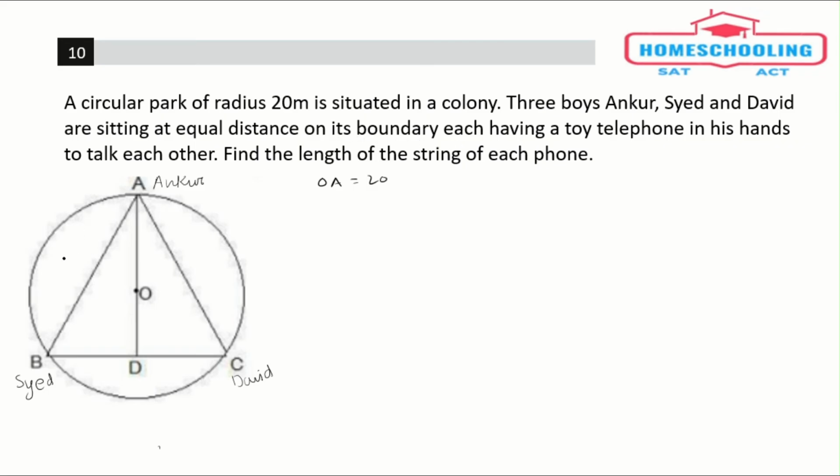So let each side be equal to x, because in the question it is given they are sitting at an equal distance. So AB is x, AC is x, and BC is also x.